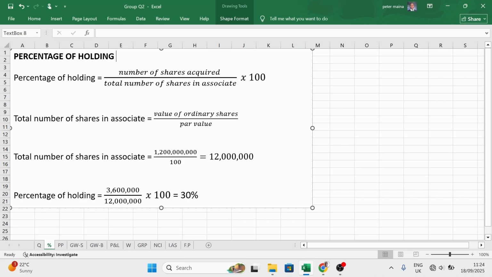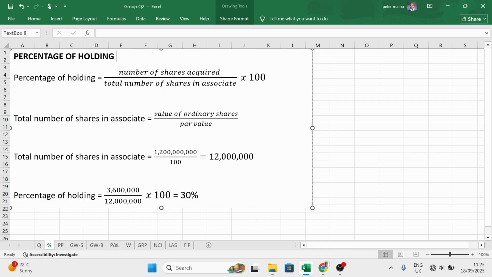So take the number of shares that were acquired by G Limited, 3.6 million, divide by 12 million, the number of shares in associate, multiply by 100, that will give you 30%, which means B Limited is an associate. So if the percentage is between 20% to 49%, then the company that has been acquired is considered to be an associate.